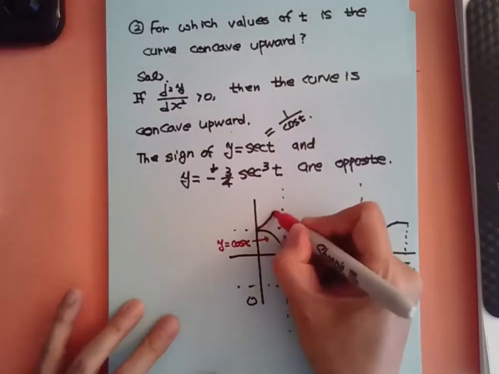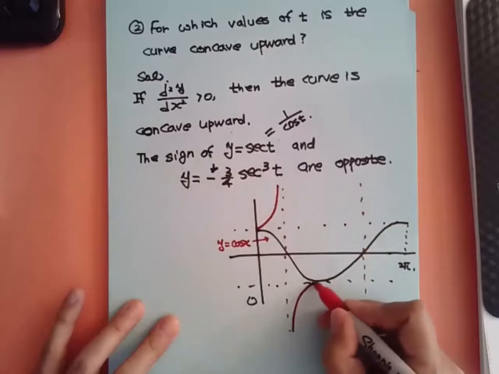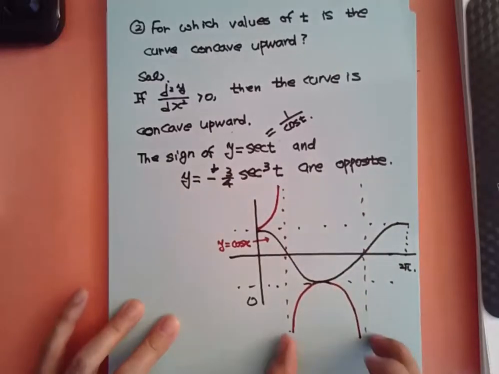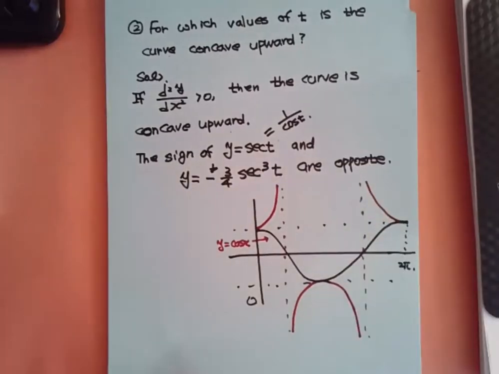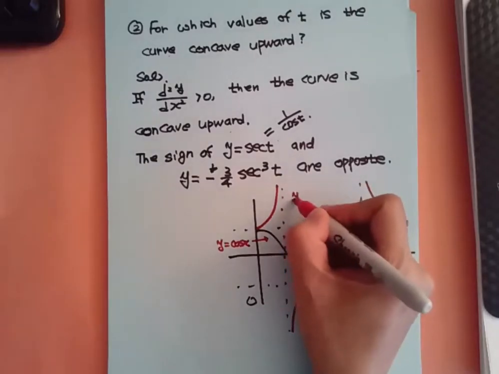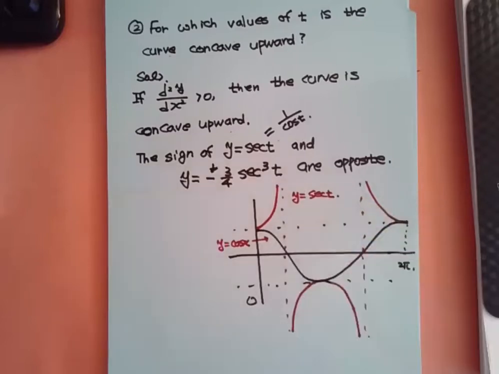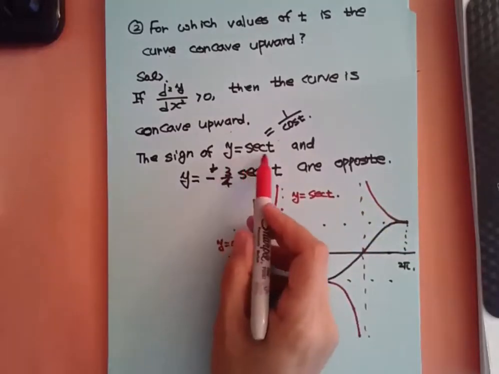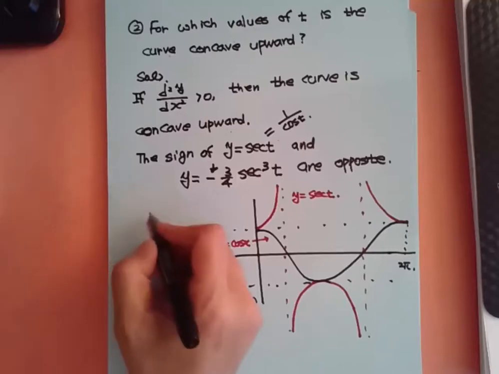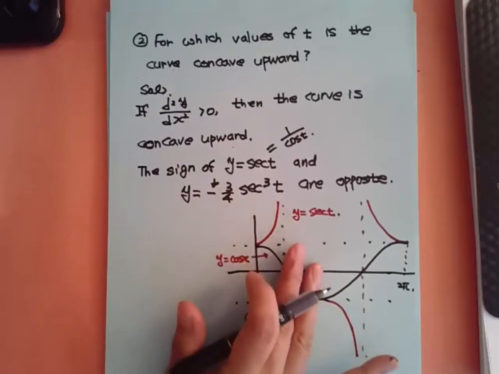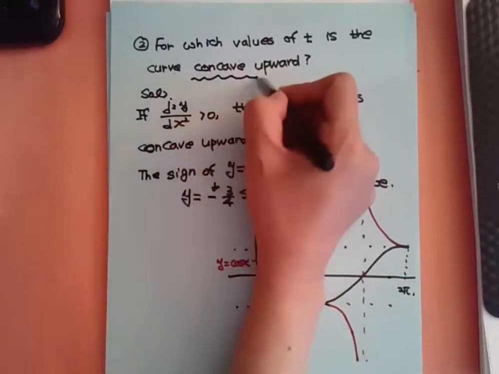And that is in a flipped position because it is 1 over something, with a vertical asymptote in the dotted line. So this red graph is y equals secant of t. What I said was the sign of secant of t is the opposite of minus 3/4 secant cubed. So this is about concave upward.